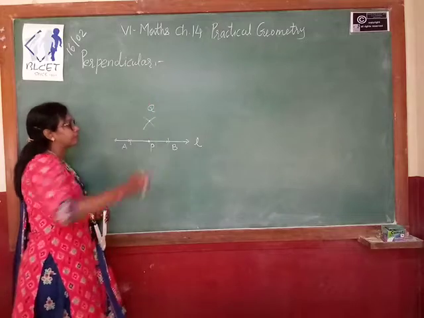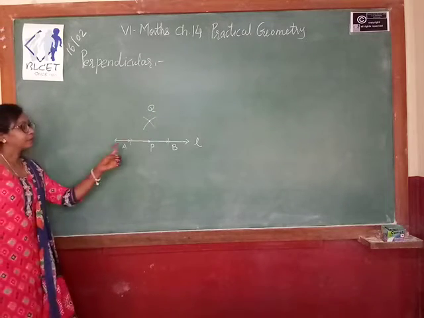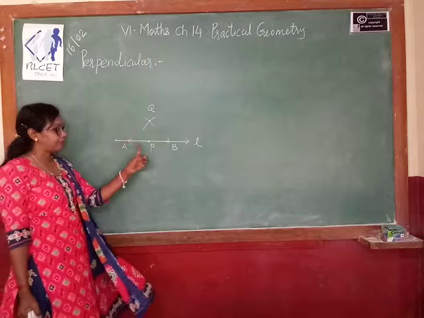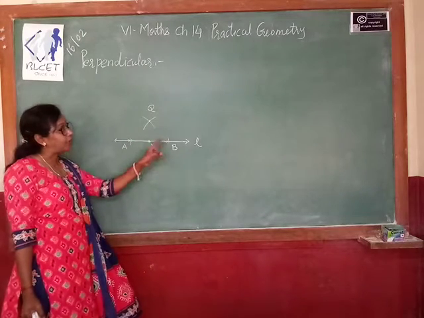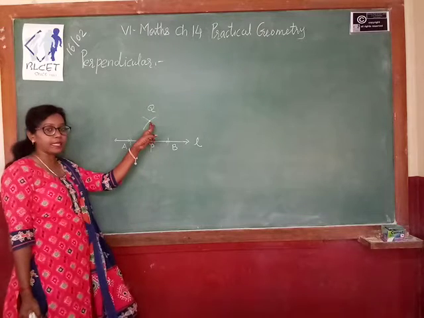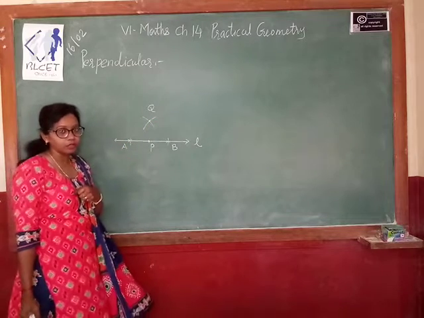Name it Q. Again, you have to take a measurement greater than your radius AP. Only then do you get this intersecting point, otherwise you cannot.